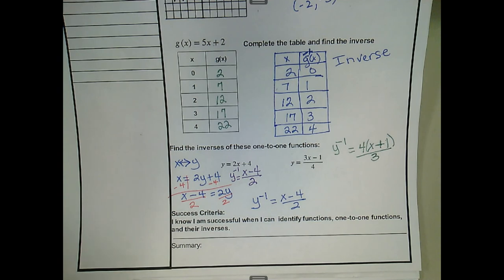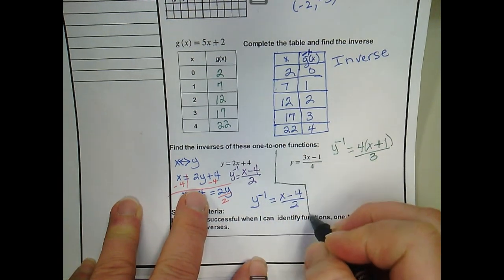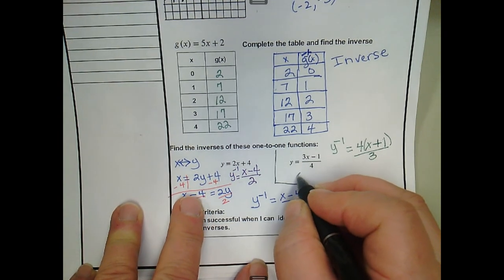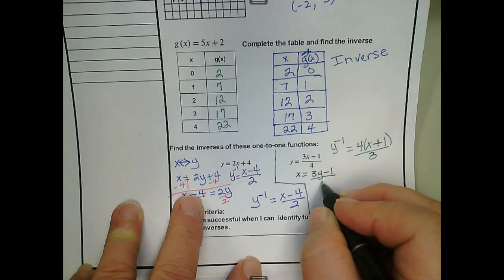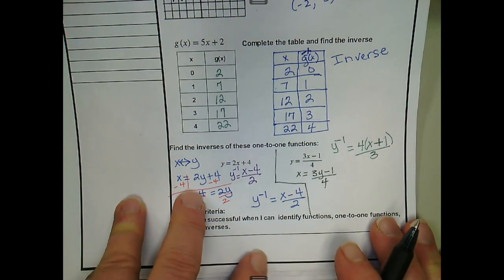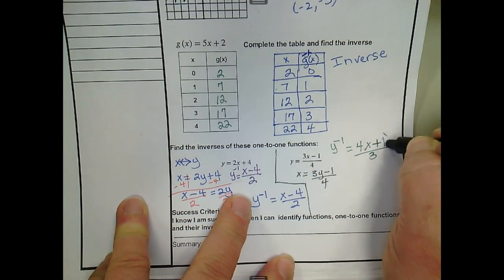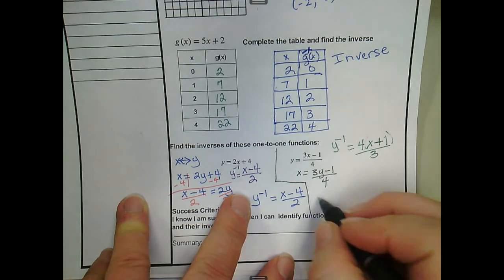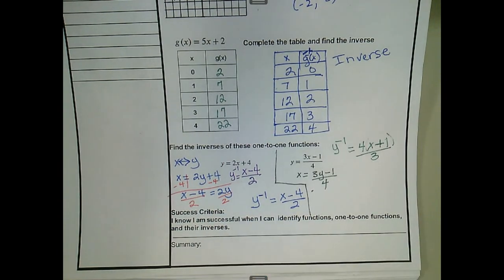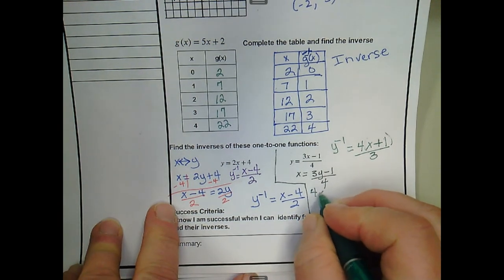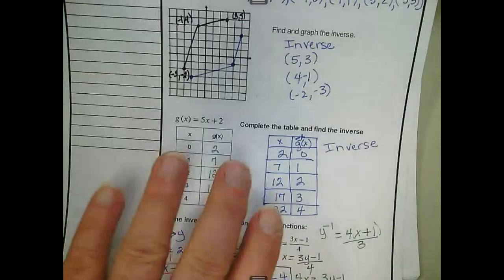Okay, how does it look if we swap x and y around and solve? So this becomes x is equal to 3y minus 1 over 4. Multiply by 4. So 4x is equal to 3y minus 1.